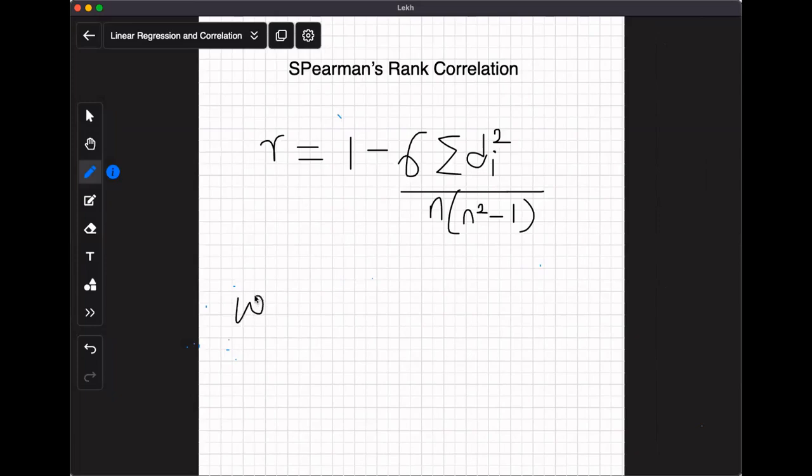Now, you're going to define all of this, and there is a deviation, as I said before. And these are coming from the ranks. So it's better that we illustrate this than just write that.